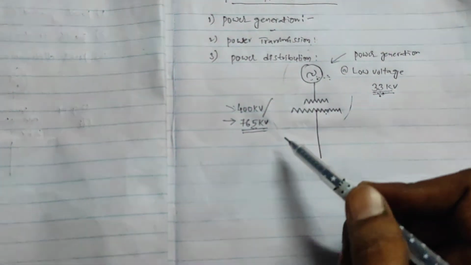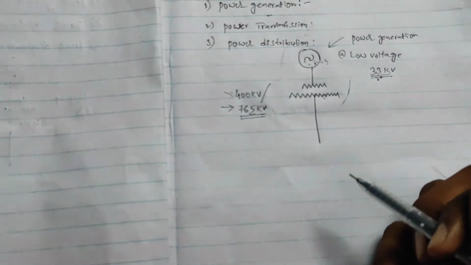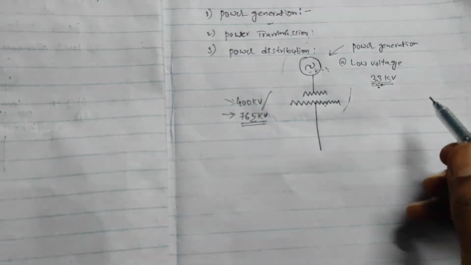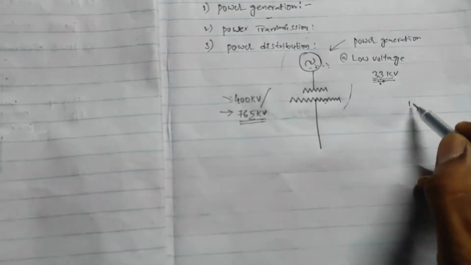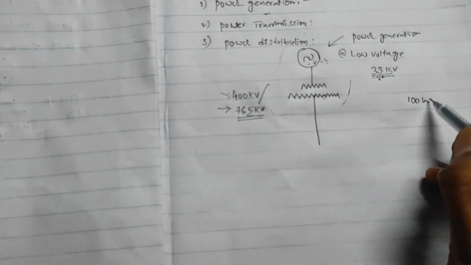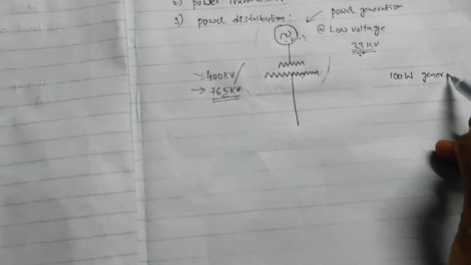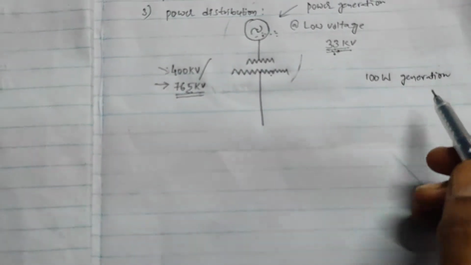Why? Because let me take an example. A power station is generating power, for example, say 100 watt, at say 10 volt.